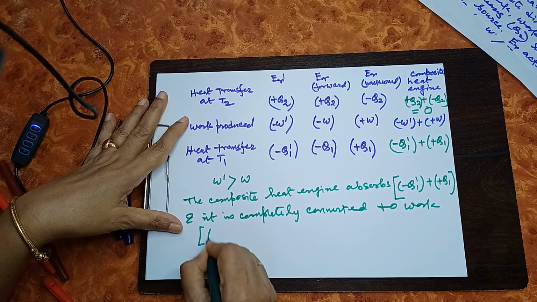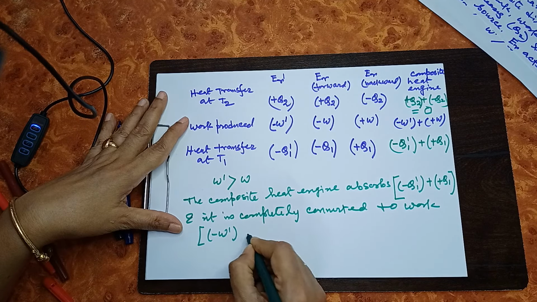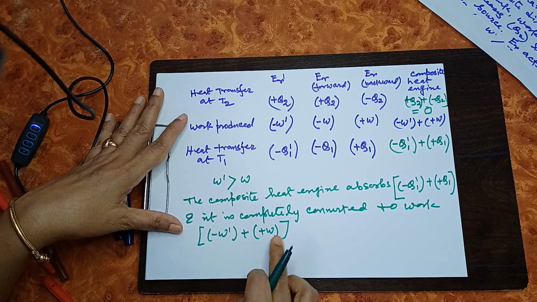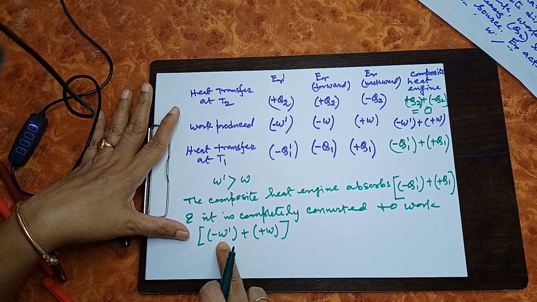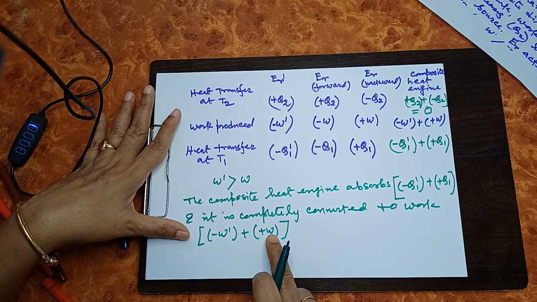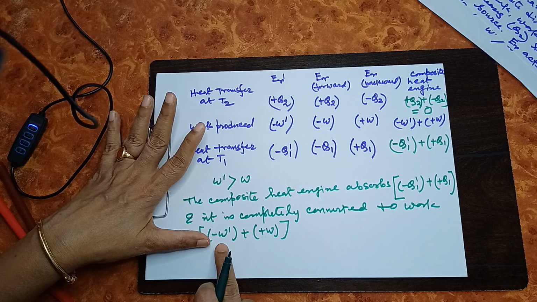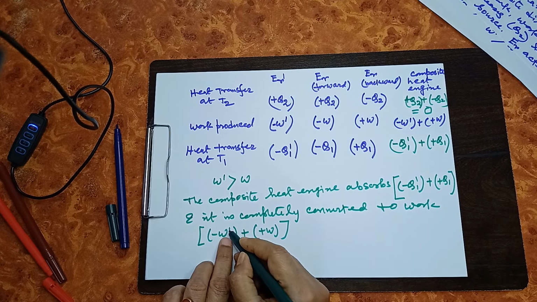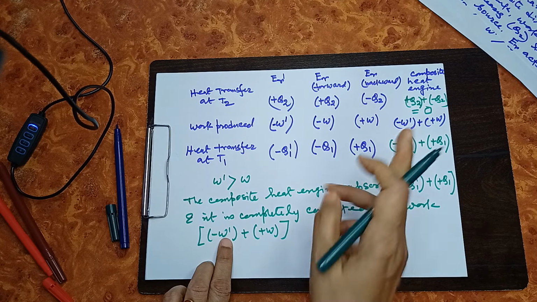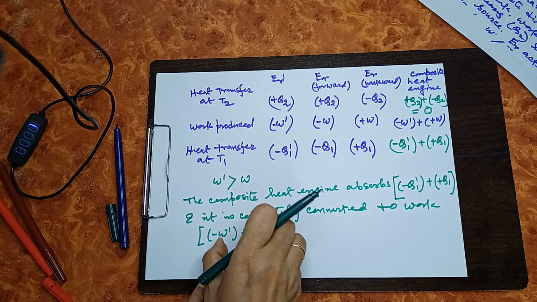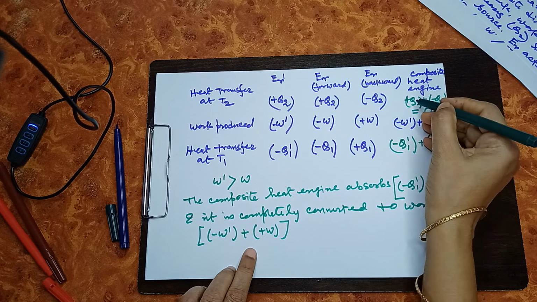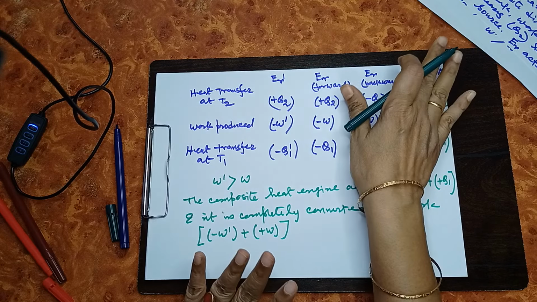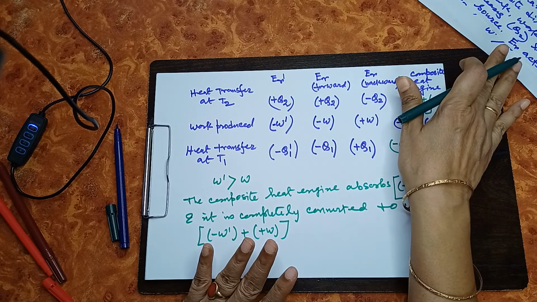What is the work done? Work done is minus W dash plus W. Once again I am telling you, this plus minus sign is only to indicate here work is done by the system, here work is done on the system. So work is done by the system, this W dash is more. Already we have told that. So this much work is produced, and in the heat source, that is the high temperature source, there is no heat transfer.